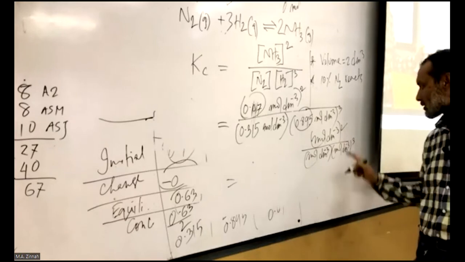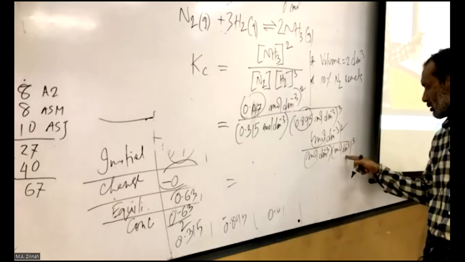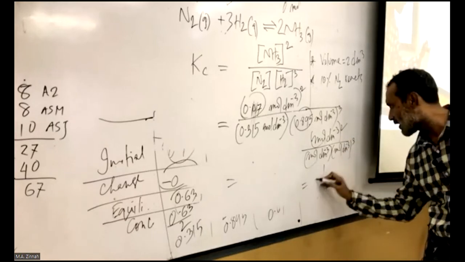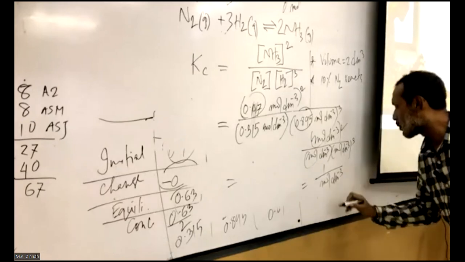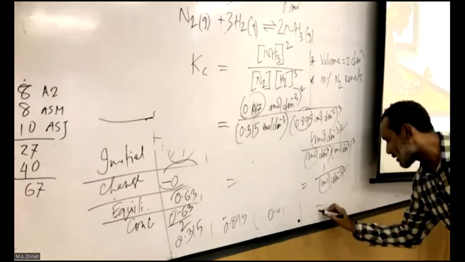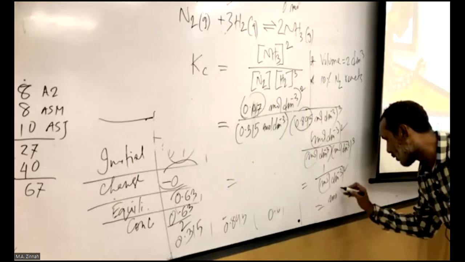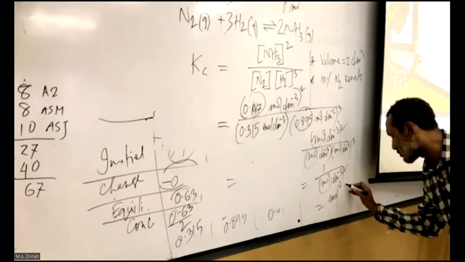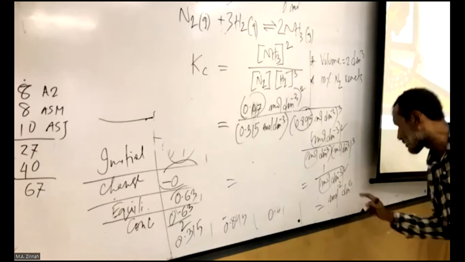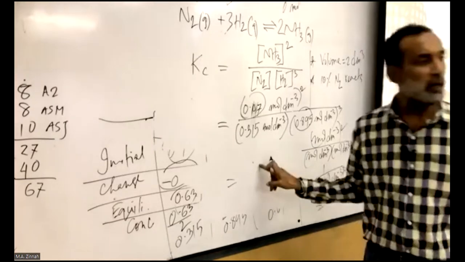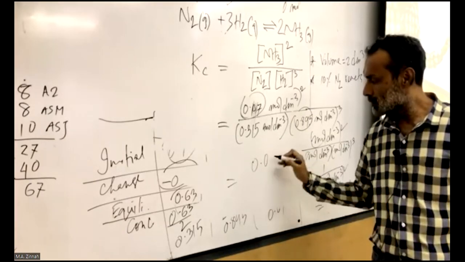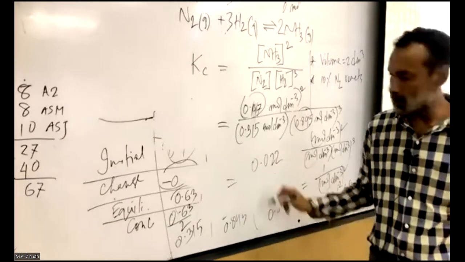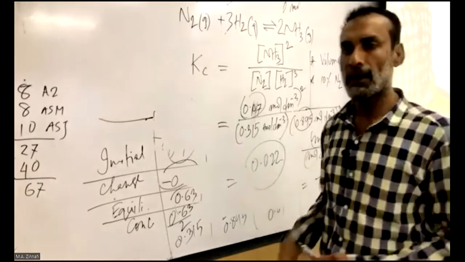So on simplification, you get 1 divided by mole per dm cube, to the power 2. That gives you mole to the minus 2, dm to the 6. This will be the remaining units. So what do you get here? 0.022. So this is the value of Kc. Clear? Everybody clear?